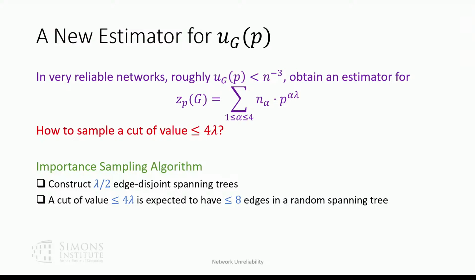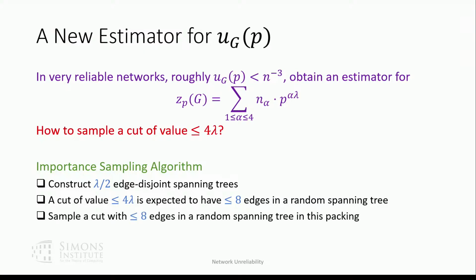So that allows me to think of the following surrogate. I'm not sampling small cuts anymore, but I want to sample cuts that have at most 8 edges in a random spanning tree in this packing. Of course, this is not the same set of cuts, but there is a one-directional inclusion. Every cut that is small must have a small number of edges in a random spanning tree, at least in expectation.